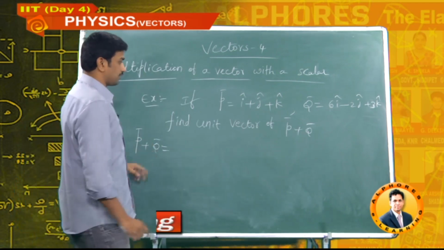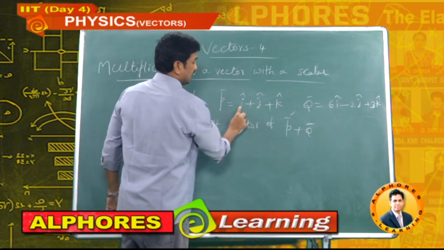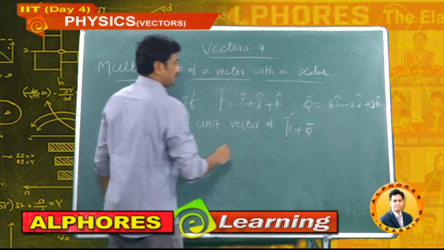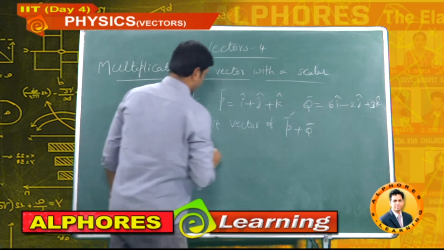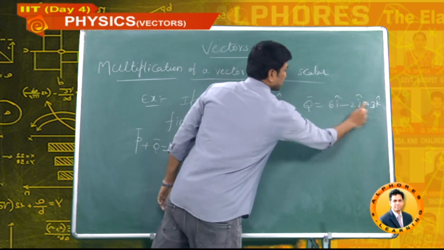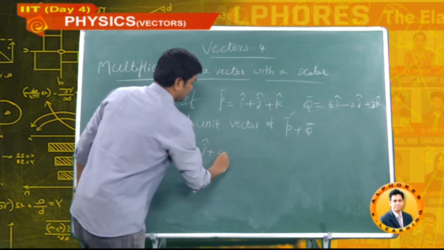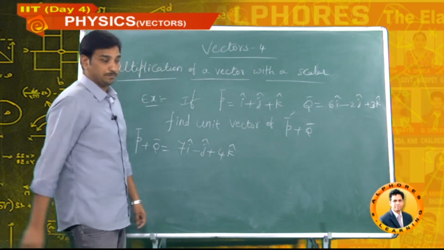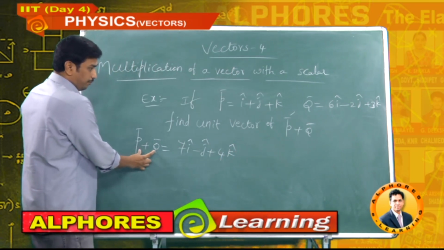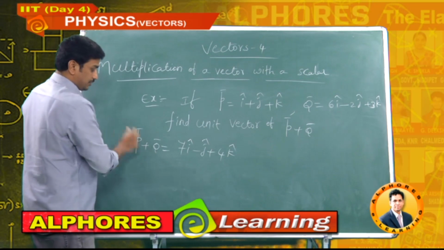p bar plus q bar. See, these two we should add. i cap, 6i cap, 7i cap, plus j minus 2j, minus j, k cap plus 3k cap, plus 4k cap. Now the unit vector of p bar plus q bar we should calculate.